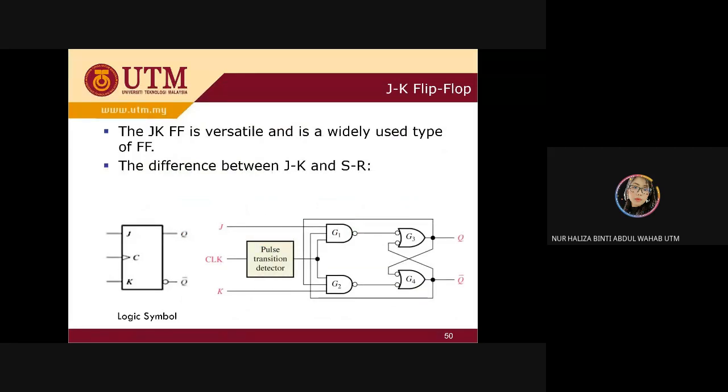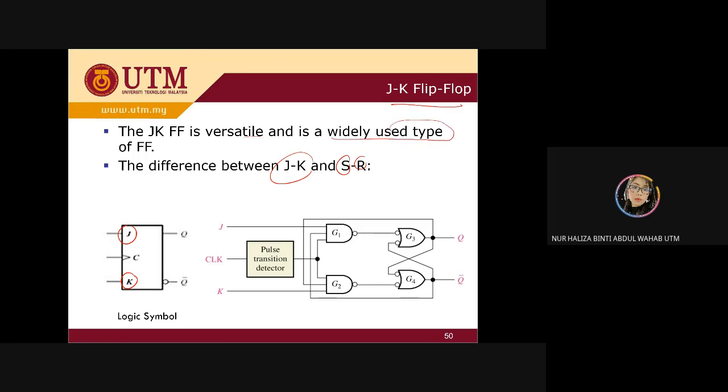Now we have something new, which is JK. Last time, with our SR latch, we don't have a JK latch. But for flip-flops, we have a JK flip-flop. The JK flip-flop is versatile and a widely used type.